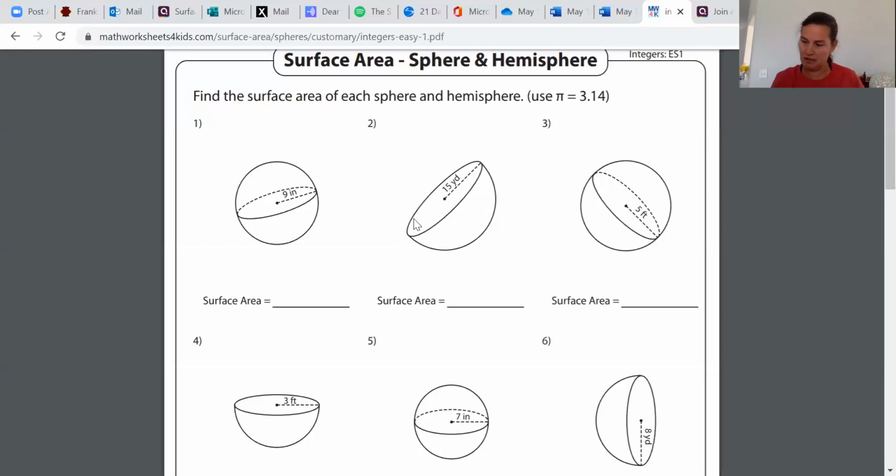So I have 56.52 plus 3.14 times 3 squared, so 56.52 plus 28.26. Again, just adding on that 28 and 26/100, which is the area of that circle that is closing in the sphere. I add those together, and my answer is 84 and 78/100 feet squared.